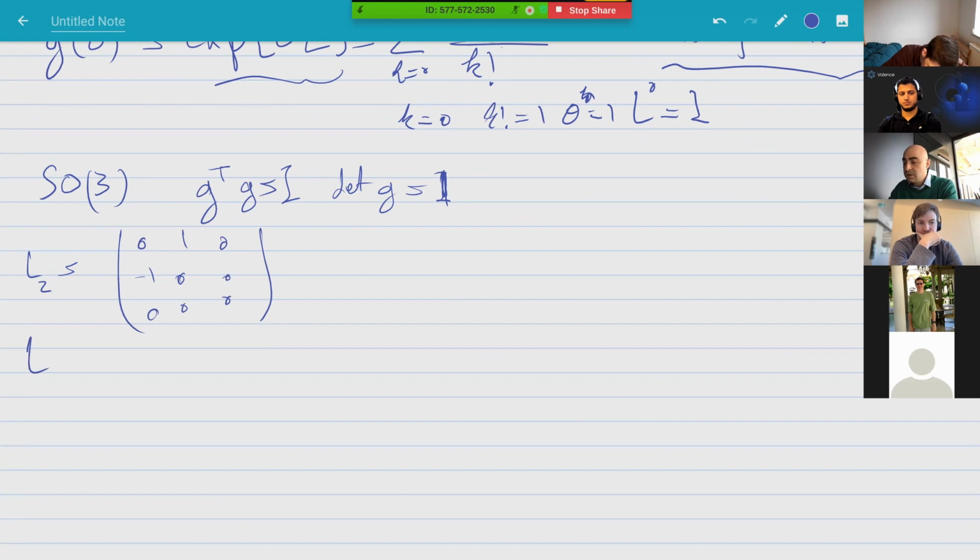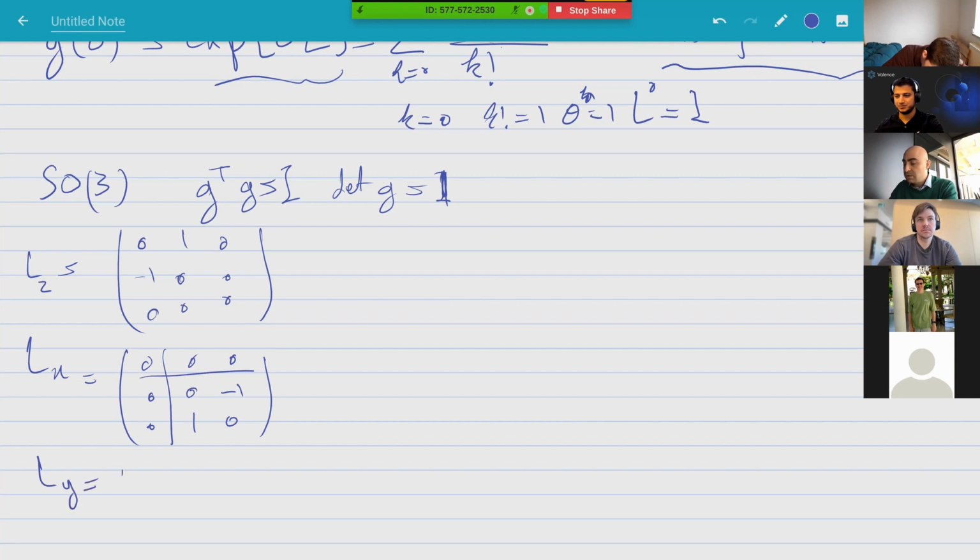And then you can have a rotation around the x-axis in a similar way. I think you need to just flip the minus sign and put it around the other axes. So you see on the x dimension, you have only zeros, but in the other block, you have the same generator that you had for rotations in 2D.